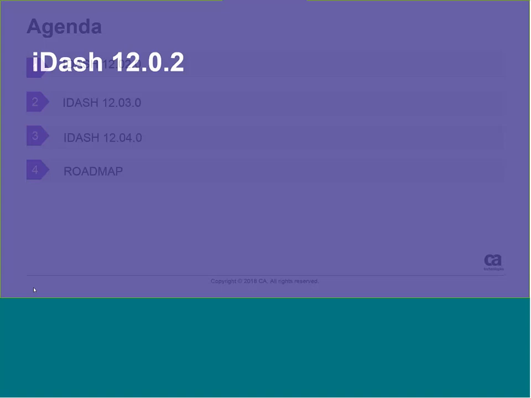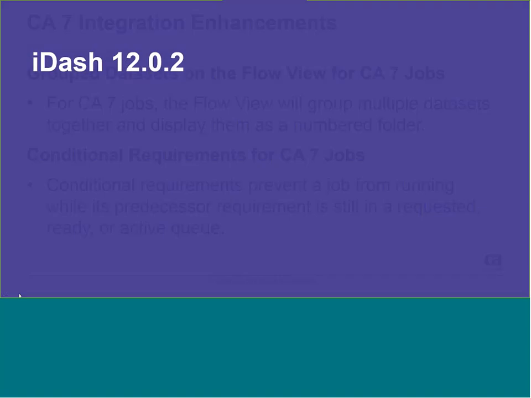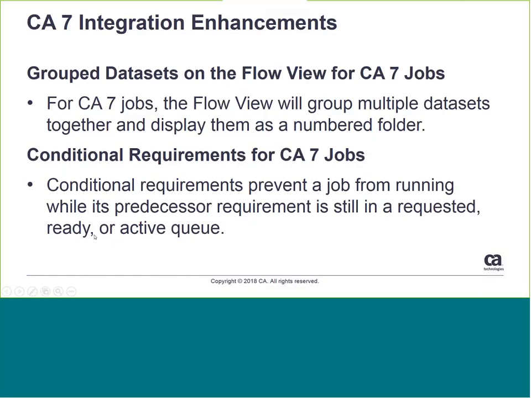Okay. So the first one was 12.0.2. As you're all aware, in 12.0 we came out with the new web-based UI for iDash with updated graphics, flows, those types of things, matched up with the WCC on the AutoSys side. In 12.0.2, we made some enhancements to integrate better with CA7.